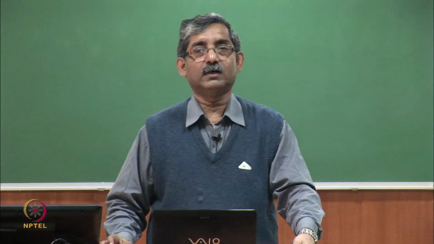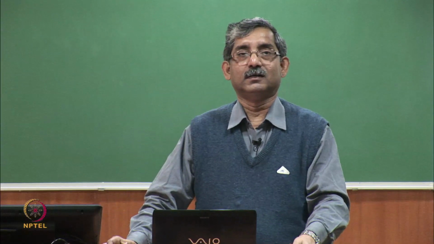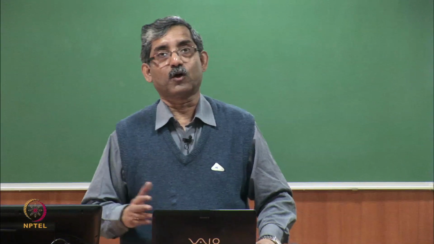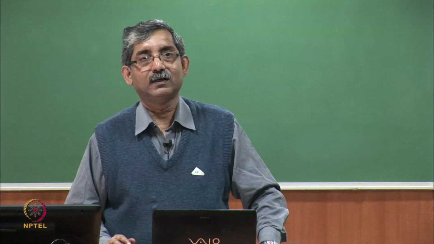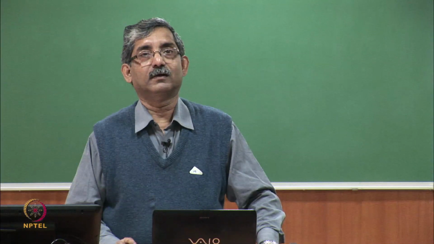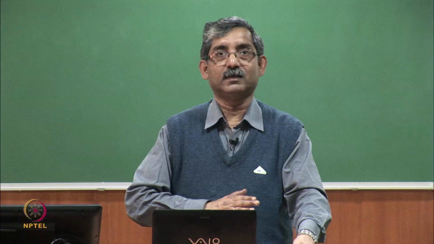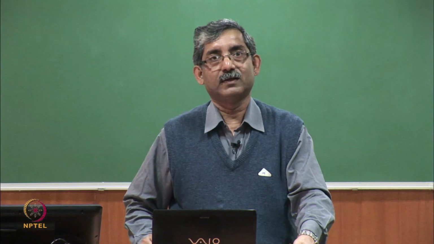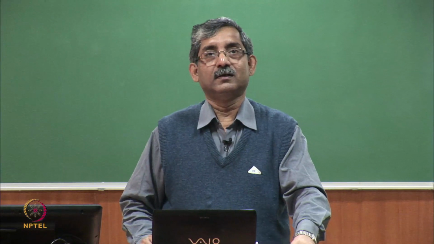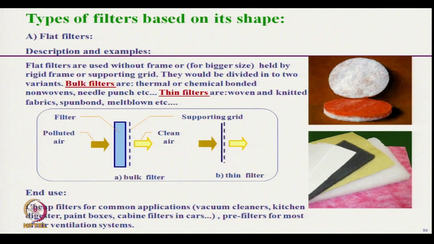Now, we will discuss different types of products which are available commercially. As far as the shape, we can divide the filter fabrics into different classes. These classifications are: first, flat filters.